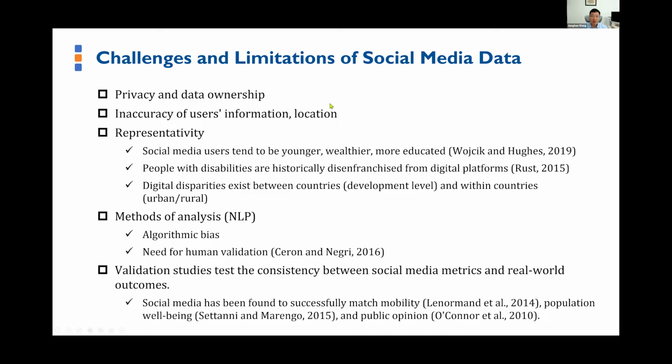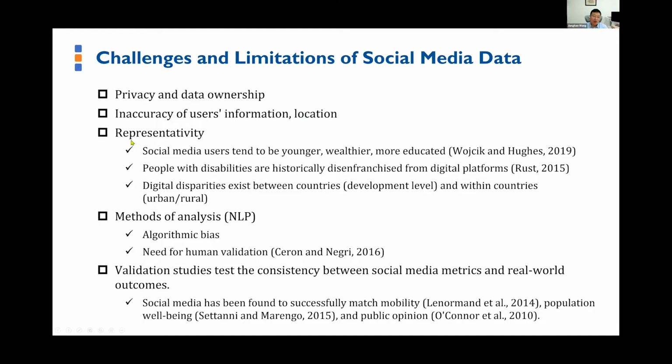So when we use it for research or policy making, we must also respect users' privacy. Another challenge is the inaccuracy of users' information, and for spatial study, maybe also the inaccuracy of locations.